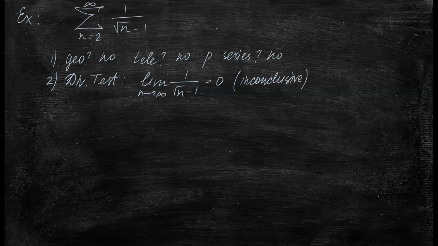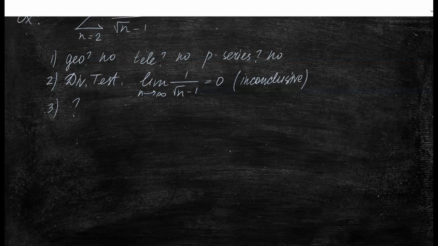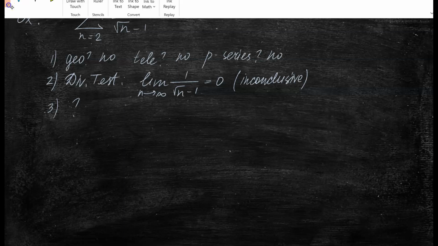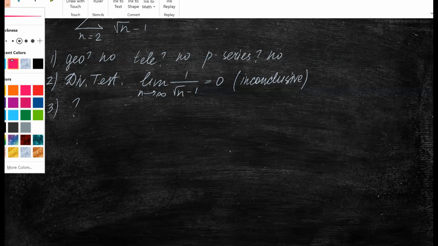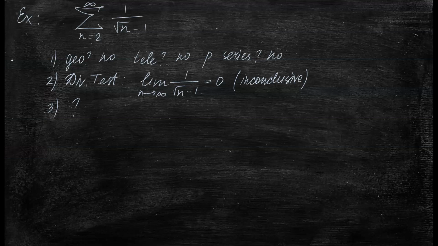And now, instead of trying to do the integral test, we're just going to jump right into the following argument. We can easily observe that this original series is actually greater than this series.